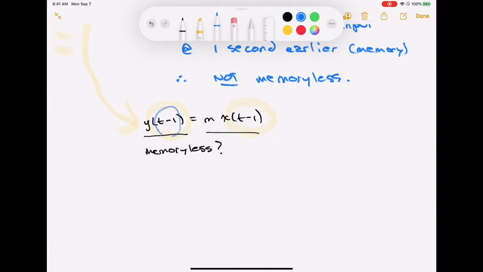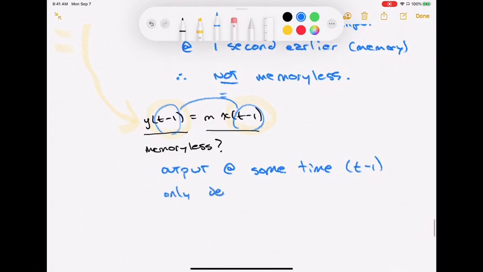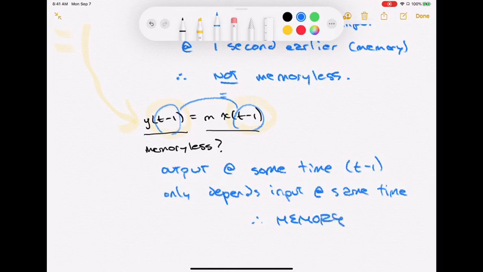So the output at some time, call it t minus 1, call it whatever you want, only depends on the input strength at that same time. So therefore it is a memoryless system. Even though I've changed the frame of reference for my time, the output does not require past or future values of the input in order to find out what the output is.